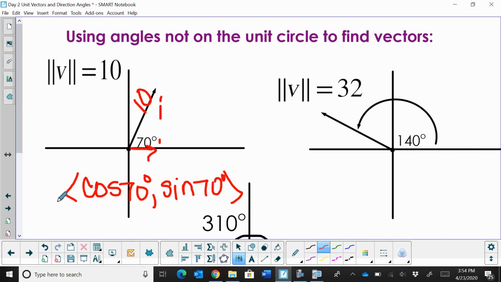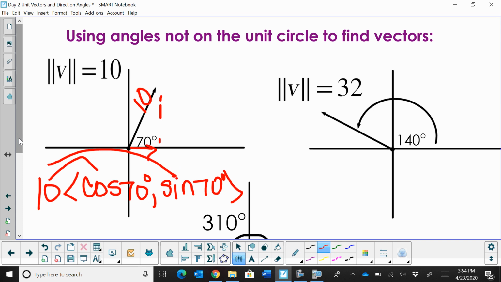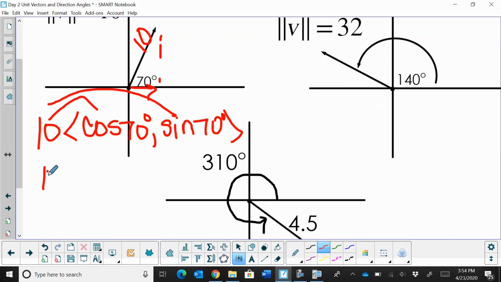But what have we been doing? We've been taking the unit vectors and multiplying by 10. So we're going to take 10 times each one of these. So the final vector is 10 cosine 70 and 10 times sine of 70. So you're going to have to get your calculator out and just multiply those out.